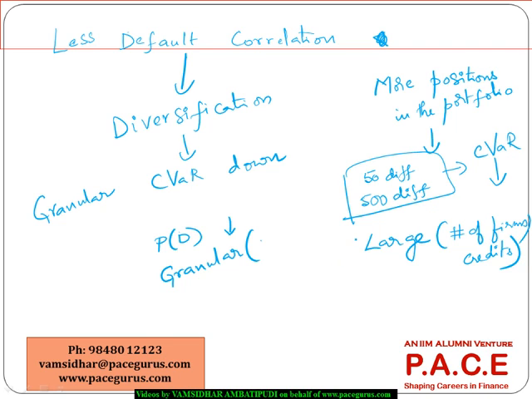So that is one benefit that you get looking at the default correlations and the number of credits to be included in the portfolio. You can very well reduce your credit VaR quite drastically.